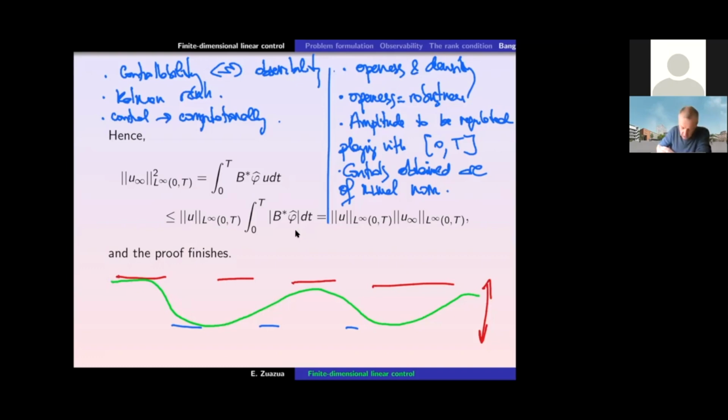Why? Because when you are doing this kind of transition here in the middle, where you are not saturating the maximal and minimal constraint, you are losing opportunities there.